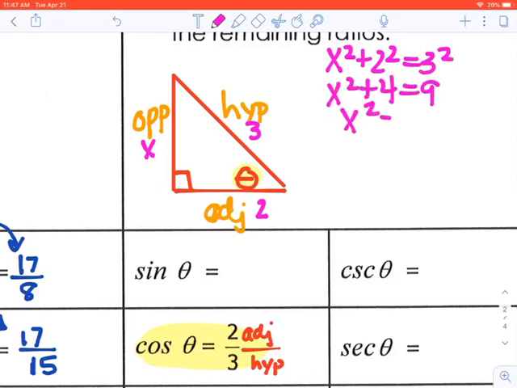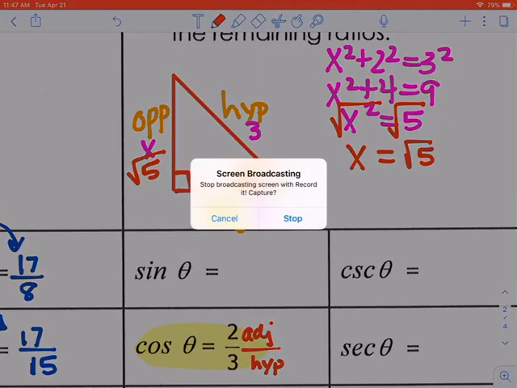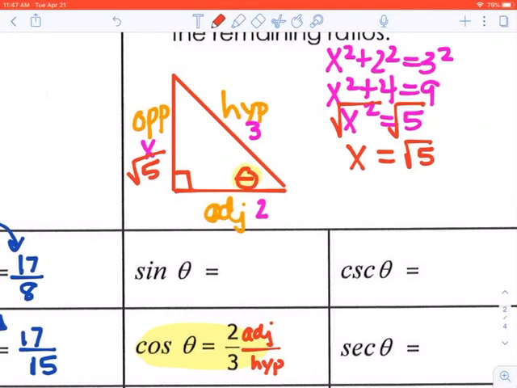I can subtract my 4. I get x squared is equal to 5. And when I square root both sides, I get x is equal to the square root of 5. So my opposite side here now has a length of square root of 5. Okay. We found our entire triangle.